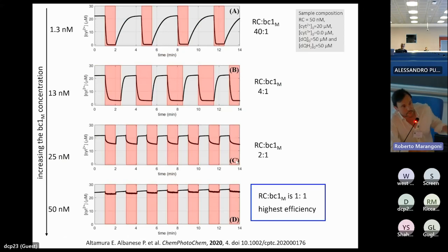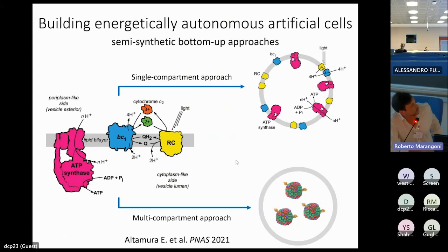enzymes. But we stop here this kind of research, the single compartment approach, and we start to work with the multi-compartment approach, because the idea is instead to extract all the enzymes and reconstitute them one by one in the membrane of a giant vesicle.